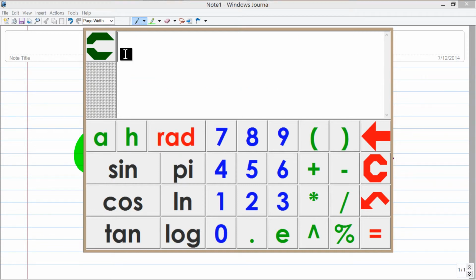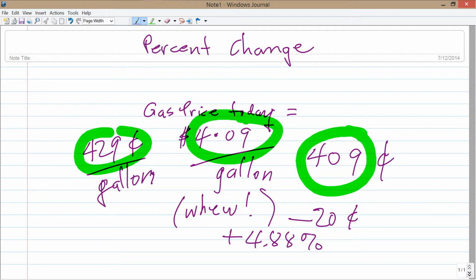What's up with this? You might wonder about that. The negative change was minus 4.66%. Let's go back and just verify that other calculation again, because maybe I made a mistake. You suppose that could ever happen to me?